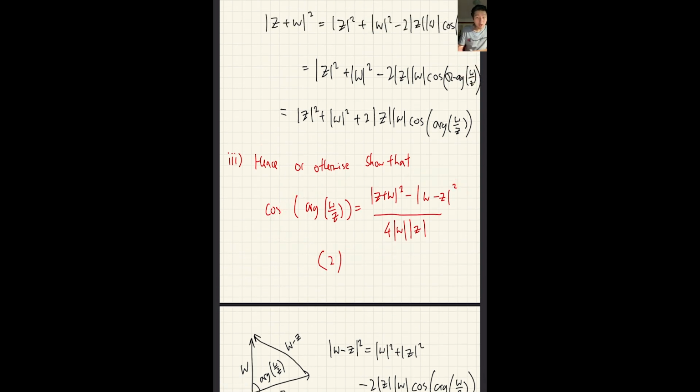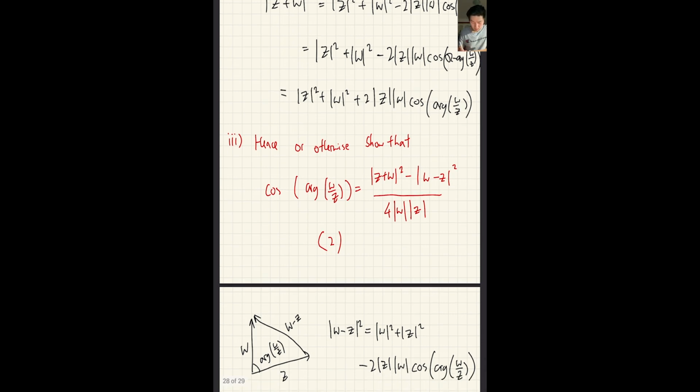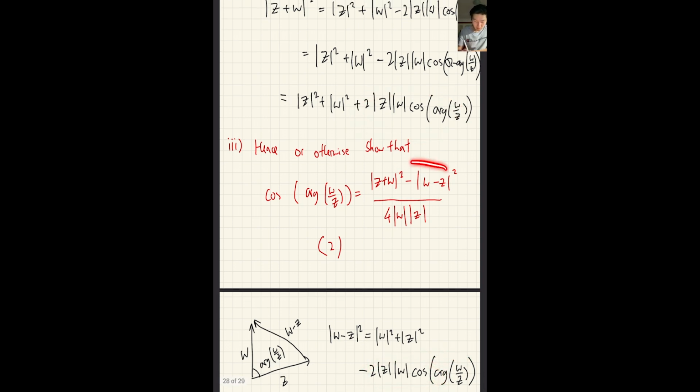Okay, well, from what I can see a z plus w squared minus this, which is a bit of a giveaway as to what to do. And I can also see something to do with this. So this looks very similar to this as well. Okay, so the first step to start maybe is just to make this expression here and then rearrange it, and then maybe we can get it into this form in total.